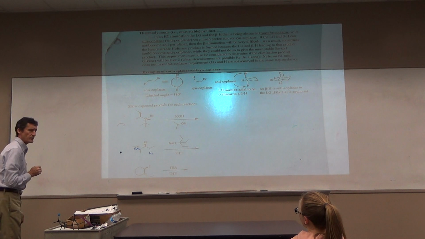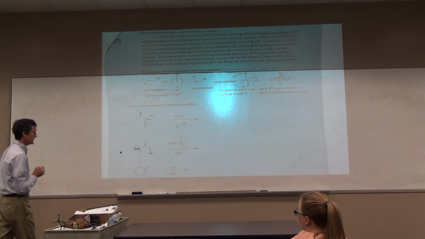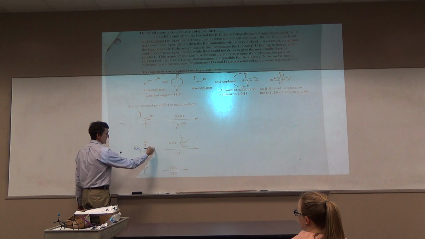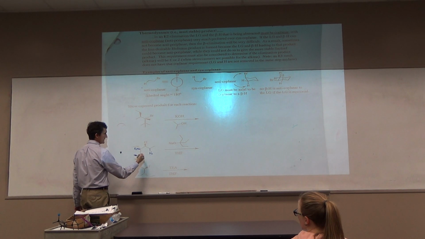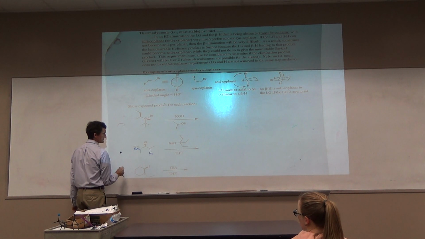How many different possible alkenes can be obtained here, theoretically? 3. Double bond here, it's not stereogenic. Double bond here, it would be stereogenic.